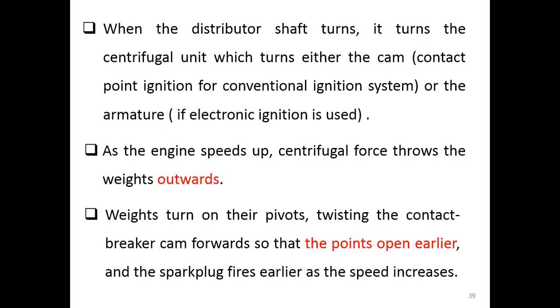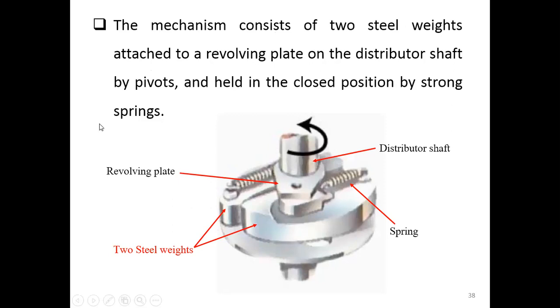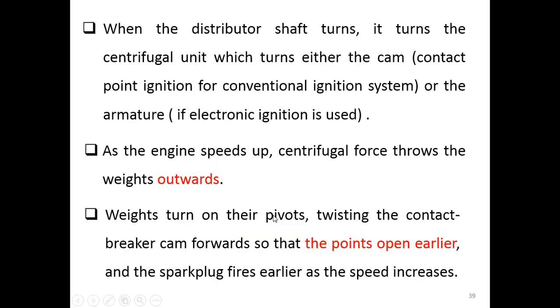So when the distributor shaft turns, it will turn the centrifugal unit, which is these two steel weights, and it will turn either the cam, the contact point ignition for the conventional ignition system. If you remember, we have the cam in the battery ignition or coil ignition system, or the armature for the electronic ignition system.